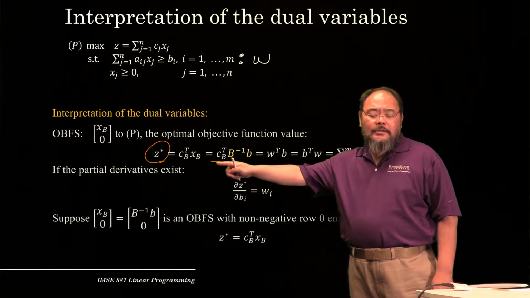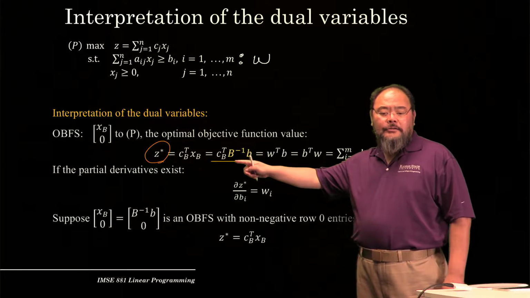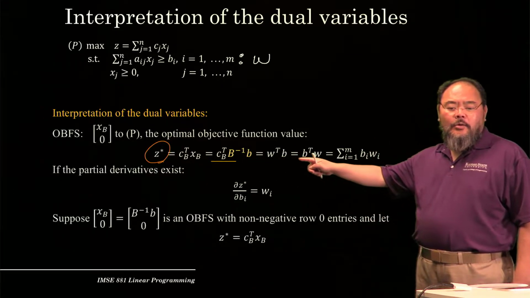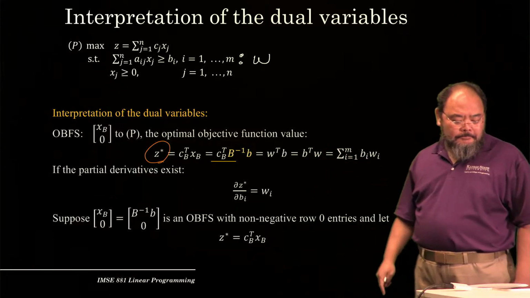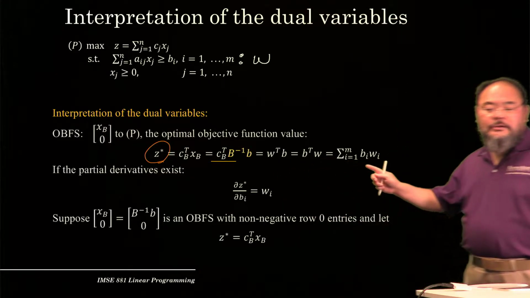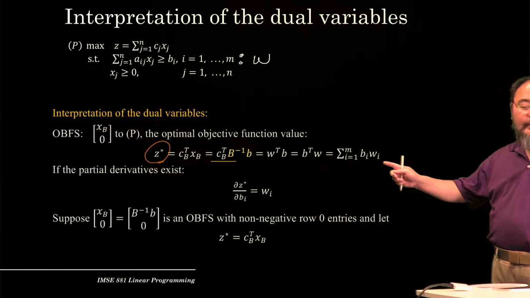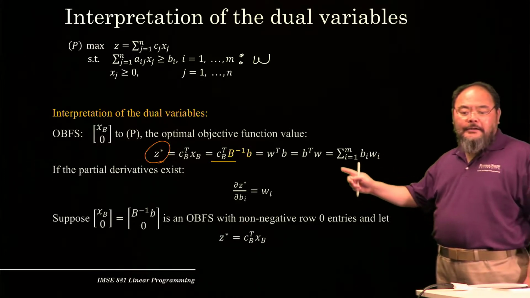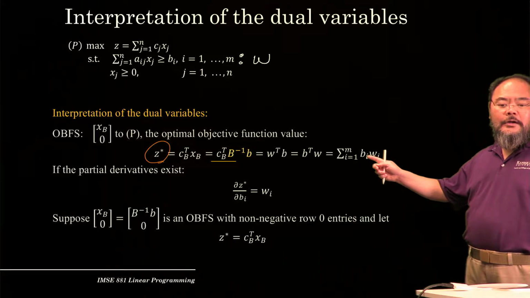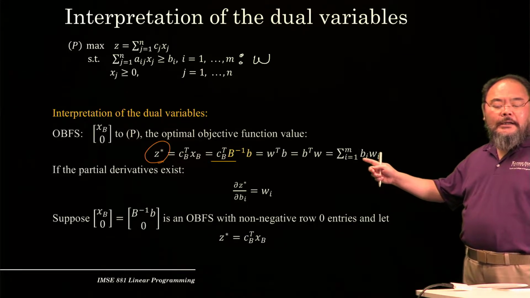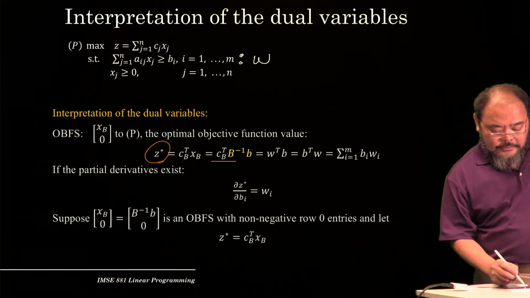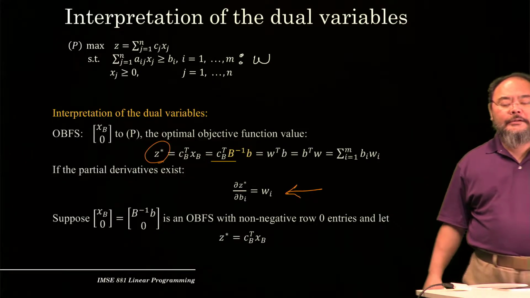But the first part, CB transpose times B inverse, actually equals omega. So it equals omega transpose times b, or b transpose times omega, and therefore equals the summation of bi times omega i. If, using this equation, I take the partial derivative with respect to bi, it is omega i in this case.